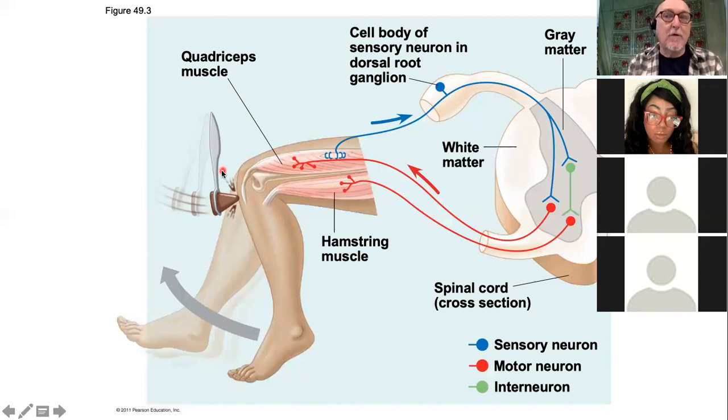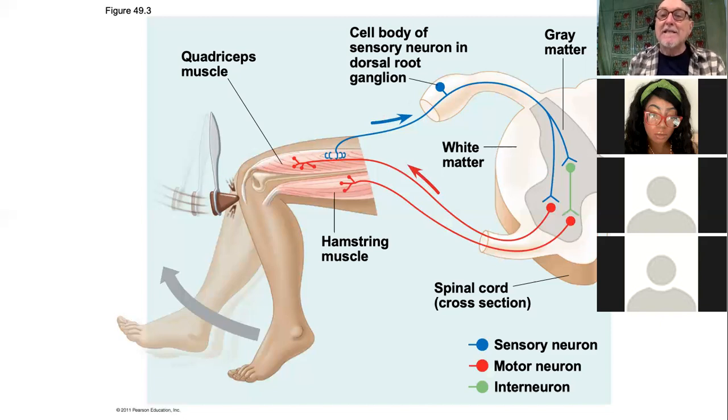Here's how it works, though. There's no processing by the brain. Instead, this is a simple processing system which runs right through the spinal cord and it never reaches the brain. When that little receptor in the muscle is stretched, it sends a message through this system, which is called a reflex arc.